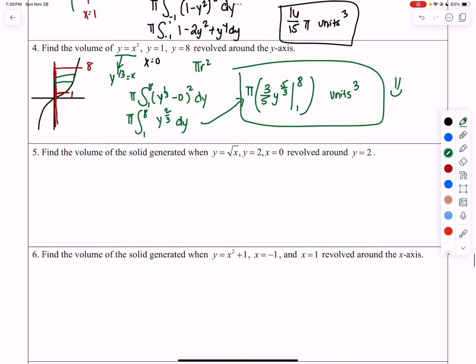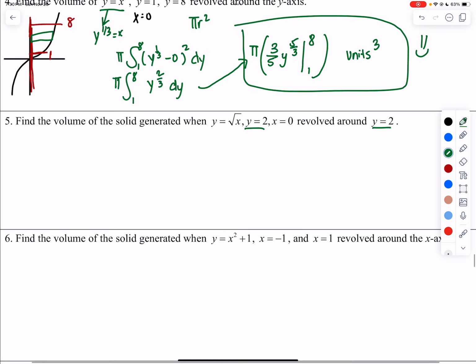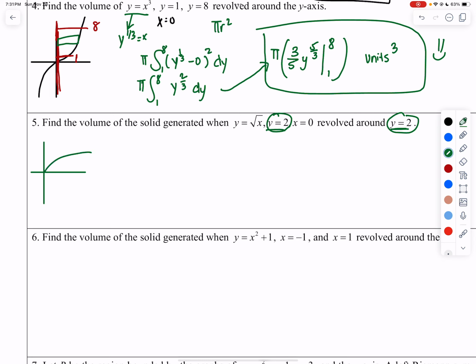Okay, last one. Let's see number 5. We want to find the volume of the solid generated by y is equal to the square root of x, y is equal to 2, and x is equal to 0, revolved around y is equal to 2. So once again here, because we have y is equal to 2 as part of my region, and it's adjacent to my axis of revolution, I know that I could use the disk method. What I'm going to do now is actually try to sketch out what this looks like. So we have the square root of x.